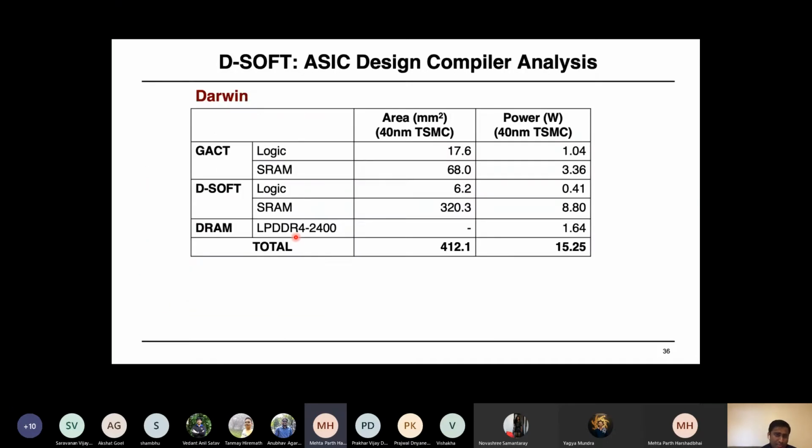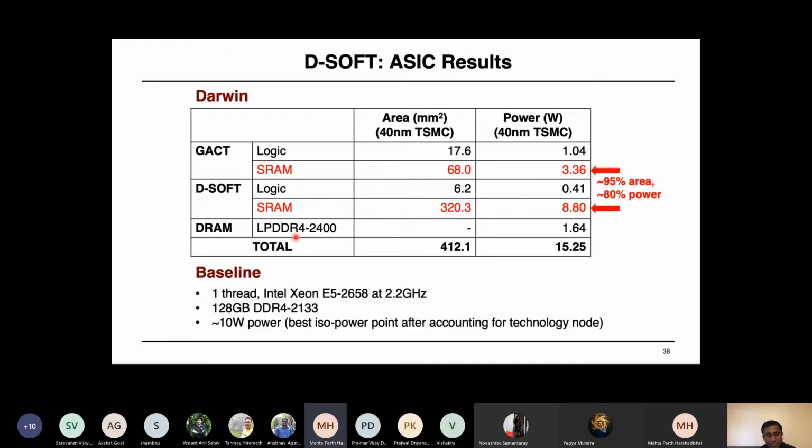We analyzed it as an ASIC using Design Compiler on a 40 nanometer TSMC technology, and the area and power numbers are shown over here. As you can see, the area, as well as the power, is dominated by SRAM on this particular chip, and not the logic.